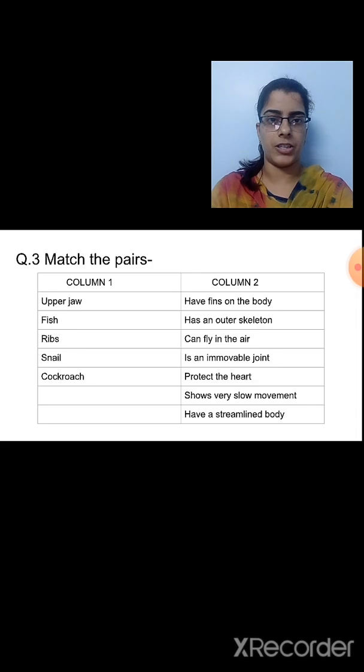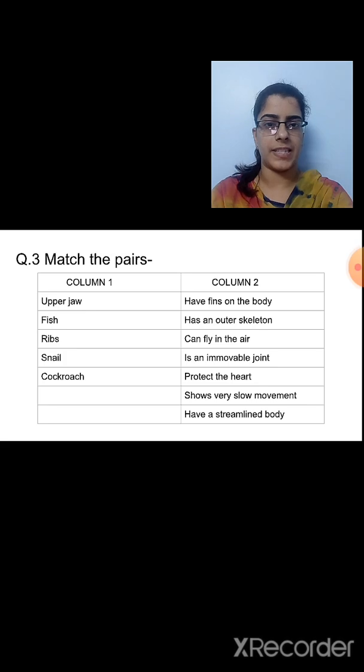Next is fish. What could be the right answer for the fish? Fish have fins on the body, isn't it? And fish also have a streamlined body. So there will be two answers for the fish. Fish have fins on the body, and fish have a streamlined body.